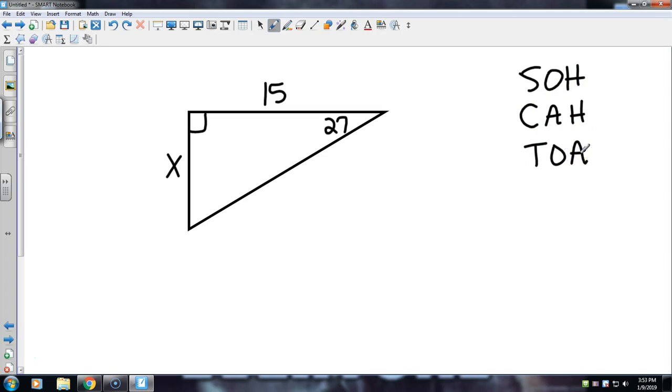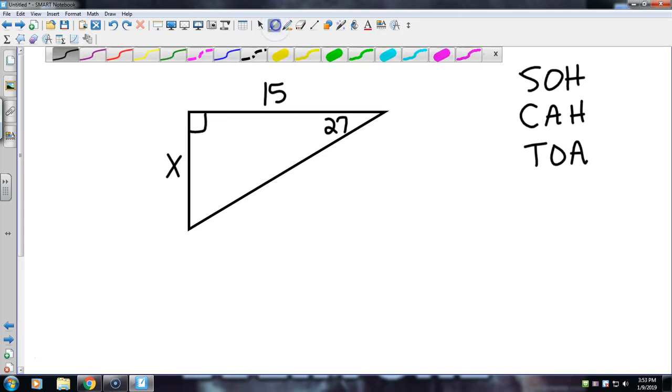And so what we need to do here is find out what is the relationship of angle 27 to the sides x and 15. Well, obviously x and 15 are not a hypotenuse, because the hypotenuse would be this side right here. Okay, and so we don't know that one. So we obviously have adjacent and we have opposite. So which one do we have?